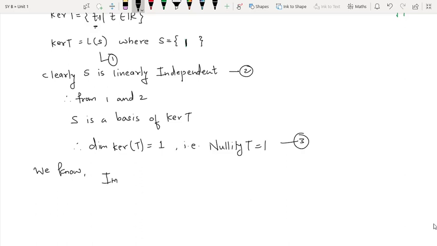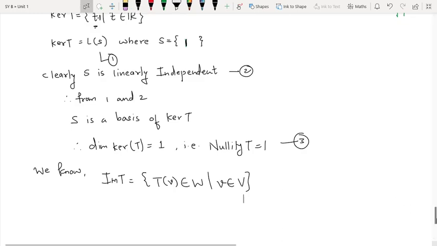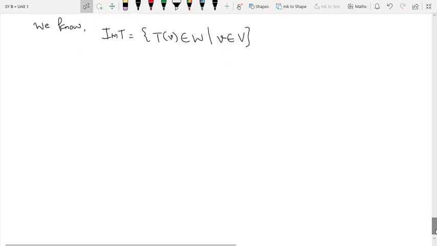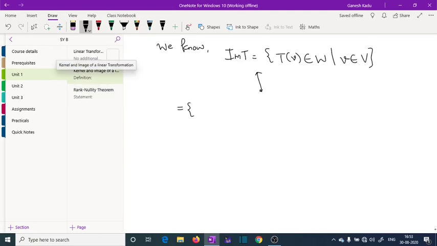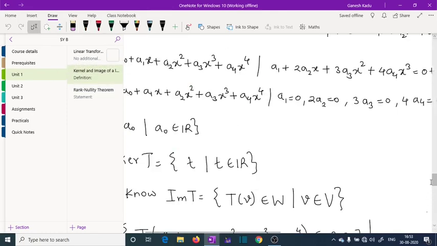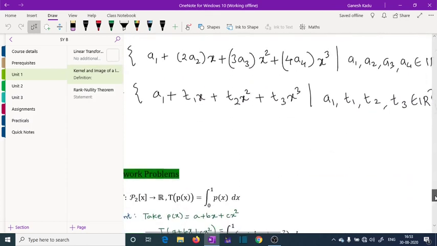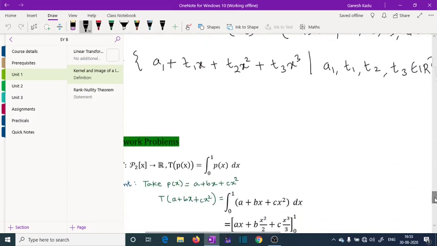So we know image of T is equal to the set of all T of V belonging to W such that V belongs to V. That's fine. So rest of the things you can do. So I will directly write down the image of T. And what was our image of T? Somewhat like this: a, t1 x, t2 x square, and t3 x cube.